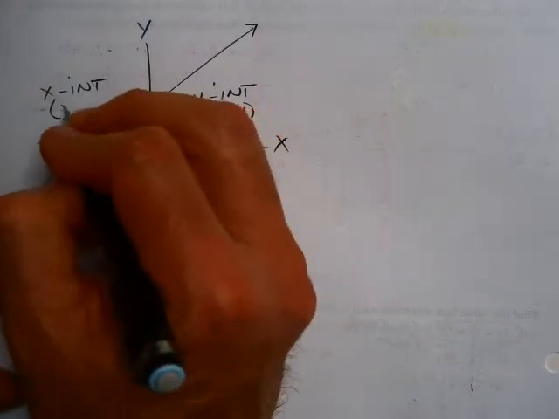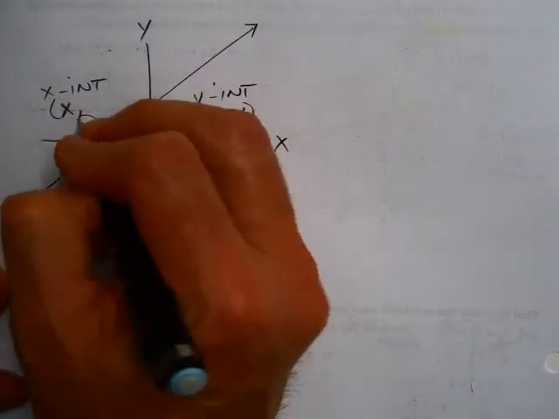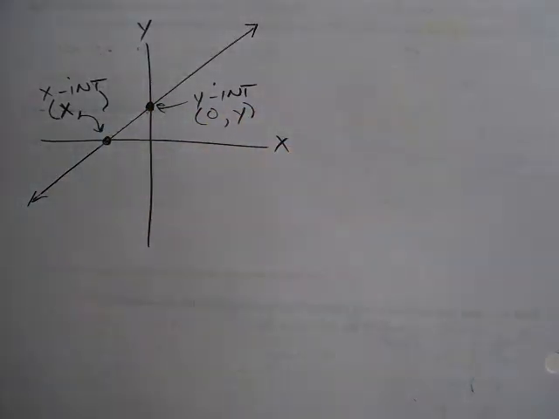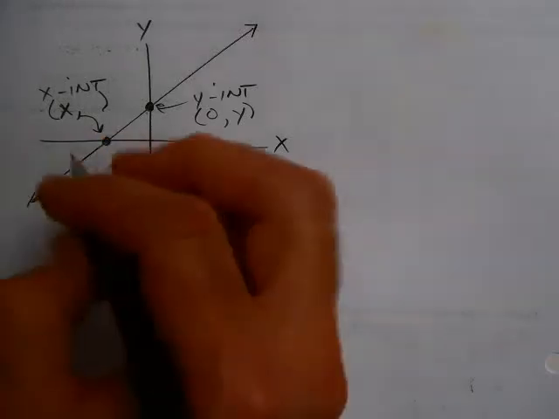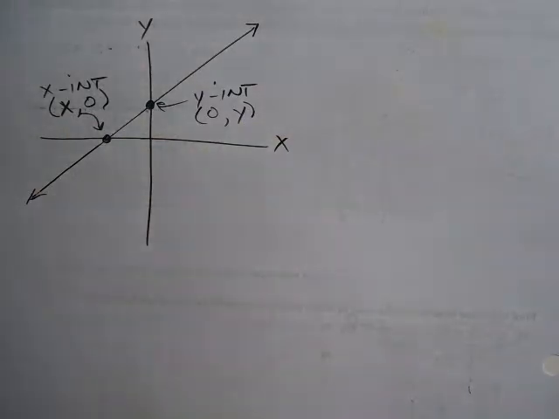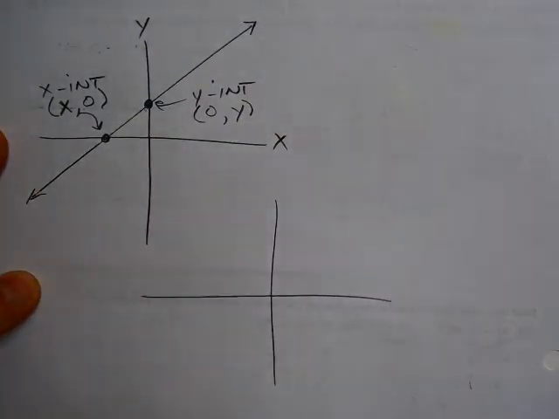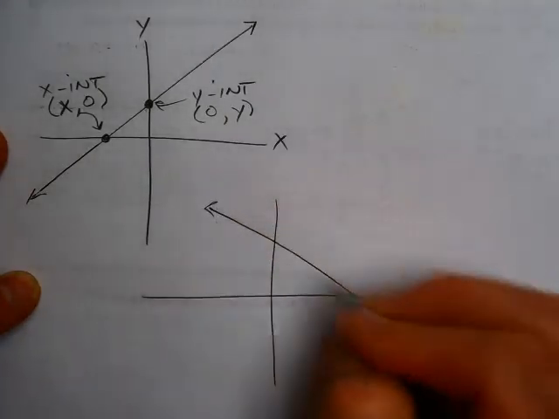Now, I don't know what x is. I could say that it's negative, but I don't know anything else about it. But I absolutely positively know what y is. What's y? 0, right? And it doesn't matter what the lines do. It doesn't matter how the line comes across.